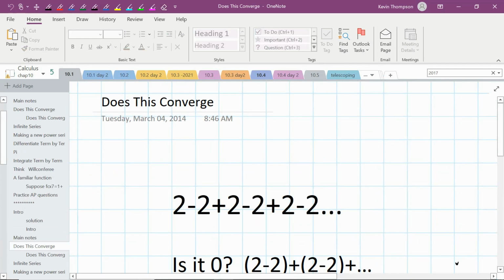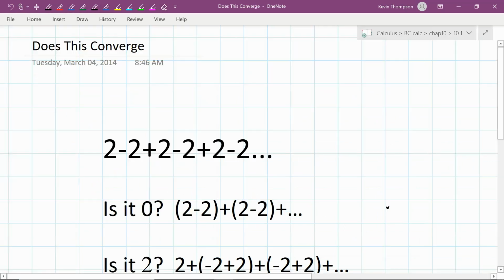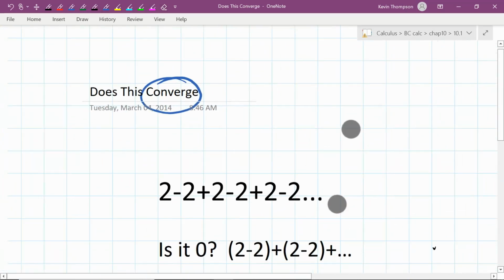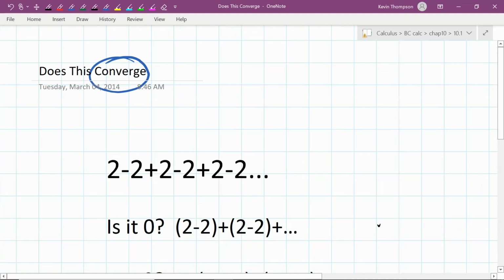So what we're going to do is we're going to start talking about convergence. Okay, convergence. That's a word you're going to hear me say a lot. And try to decide whether the sum of a series can be found. Now, we already know some of them that can be, right? Like the geometric ones that we've looked at. We're going to see those again today.